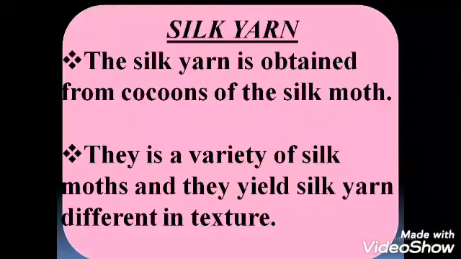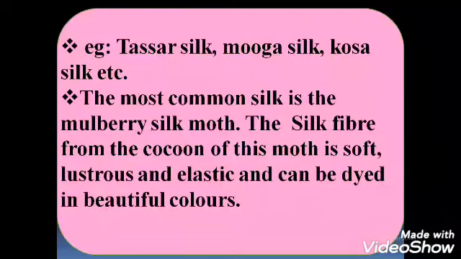There is a variety of silk moths which look very different from one another, and the silk yarn they yield is different in texture. Thus, there are different types of silk moths and they form different types of silk yarn and silk fabrics, for example tassar silk, muga silk, kosa silk, etc.